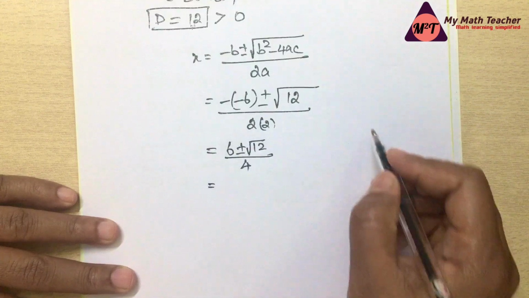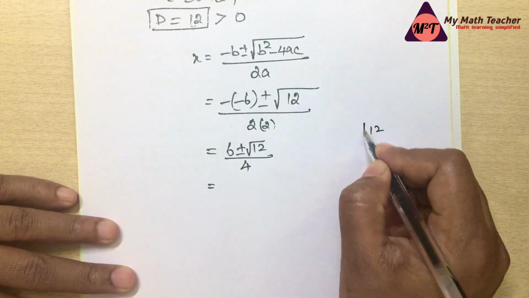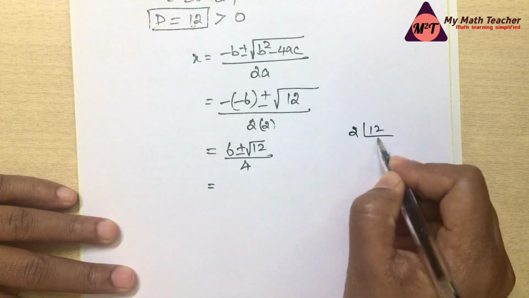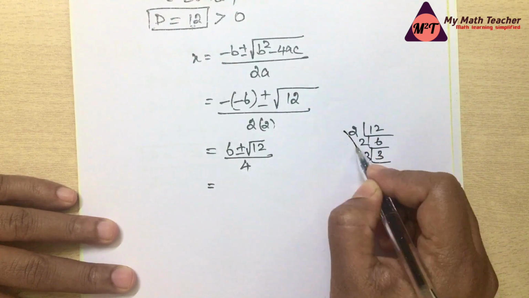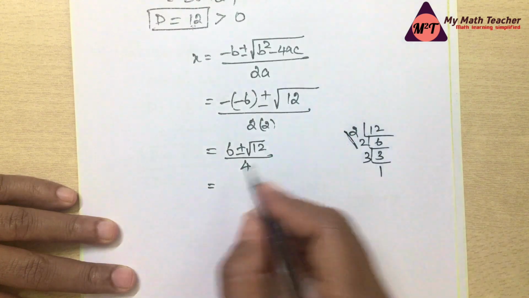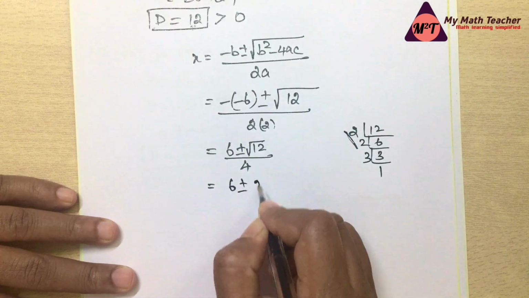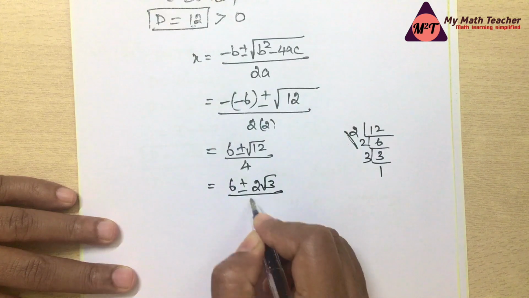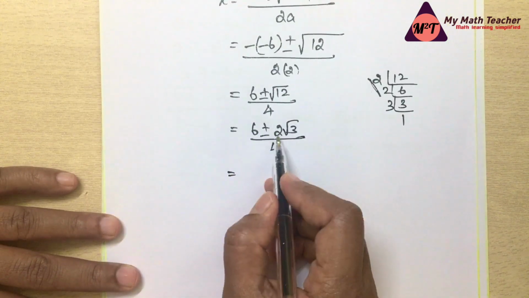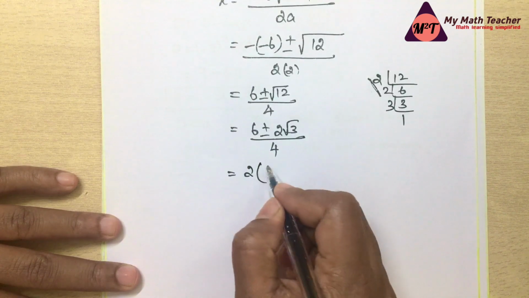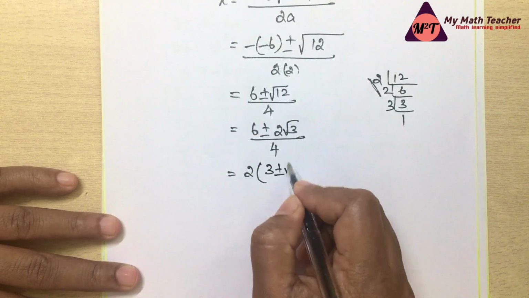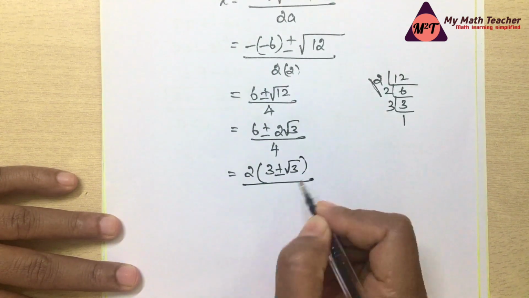Square root of 12. Let us do the prime factorization to simplify this. 2, 6, 2, 3, again 3, 1. So we can write it as 2 root 3. 6 plus or minus 2 root 3 divided by 4. Now in the numerator we can take 2 as common. It will be 3 plus or minus root 3 divided by 4.